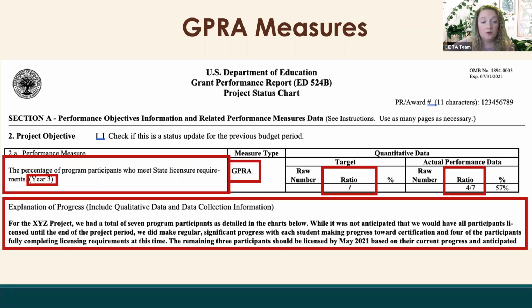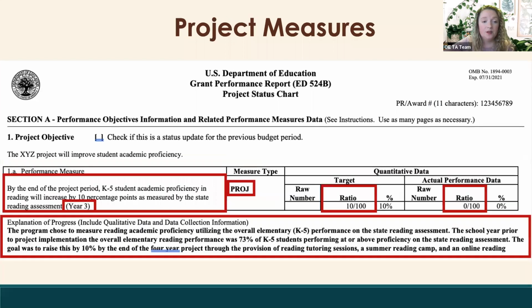All right, let's look at what it will look like for a project measure. So for this one, with your project measures, they're whatever you set again in your previous recording. Do keep in mind that the wording of these at this point should not be changing. It should be a copy and paste as far as the wording of the measure from your old reporting. So let's say that this was my measure, my year of implementation.